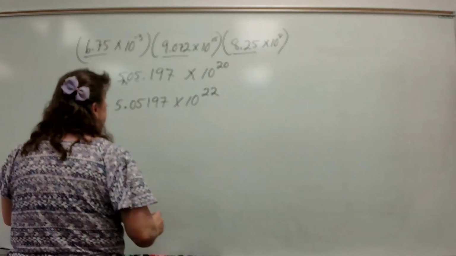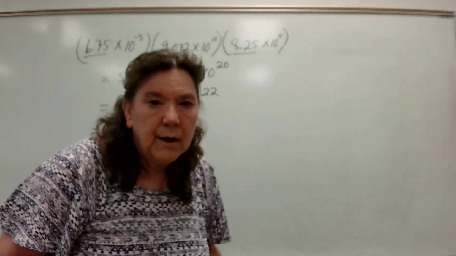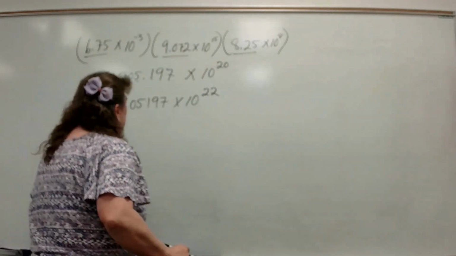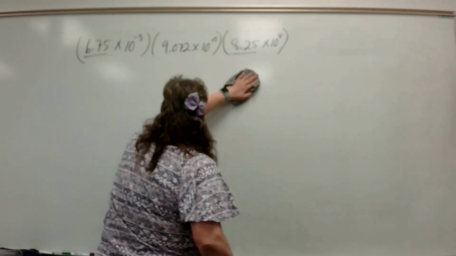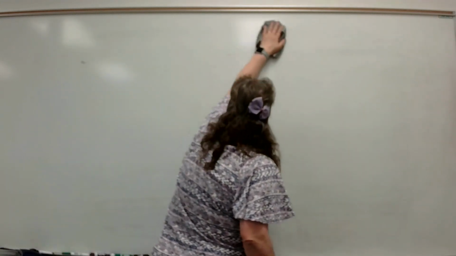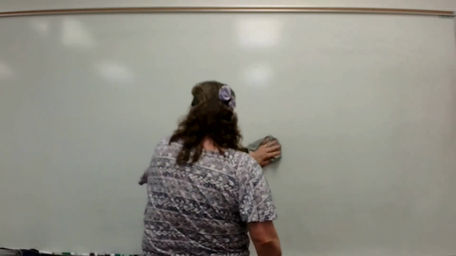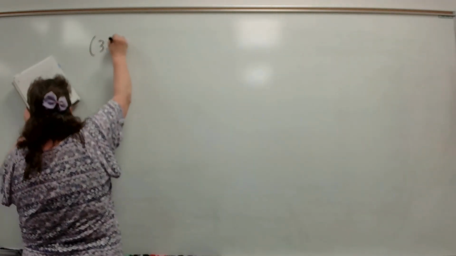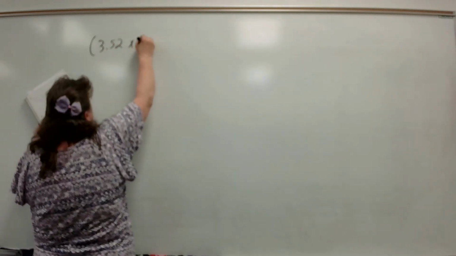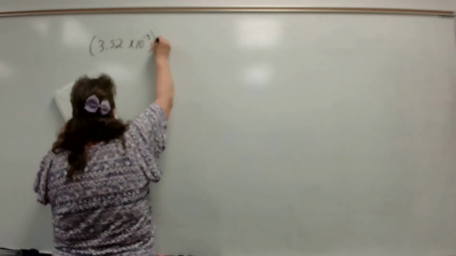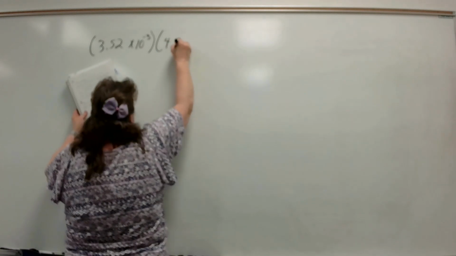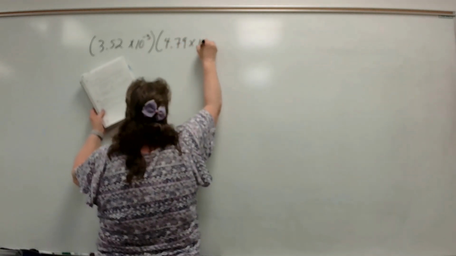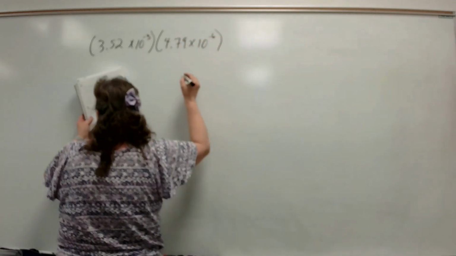Okay, let's look at some more. .52 times 10 to the negative 3, and 4.79 times 10 to the negative 6.